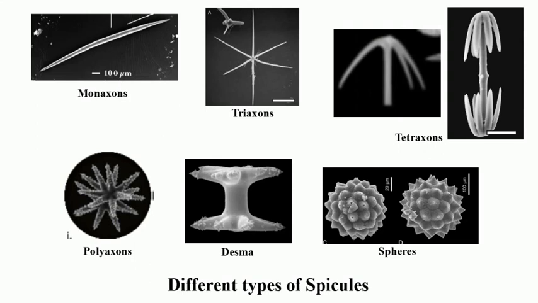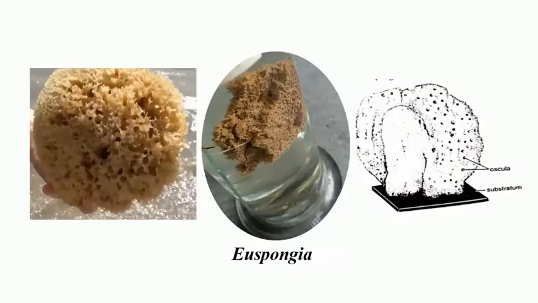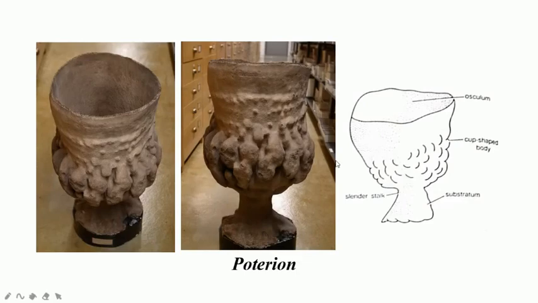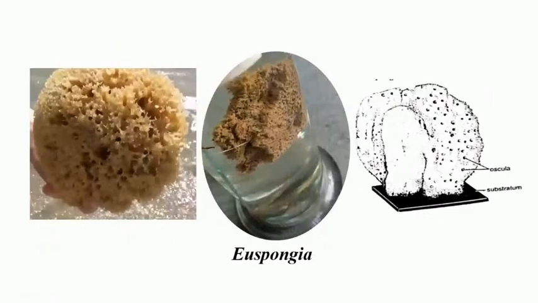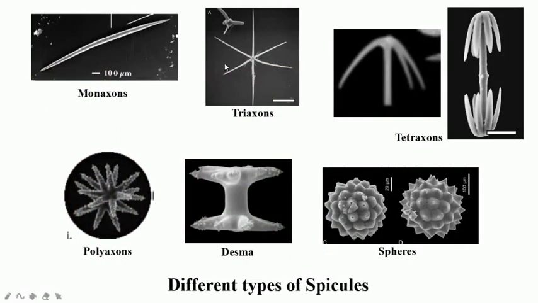Monoaxon spicules are present in case of this one, that is Porifera. Always remember. In others, majorly triaxons, tetraxons, and polyaxons spicules are present.